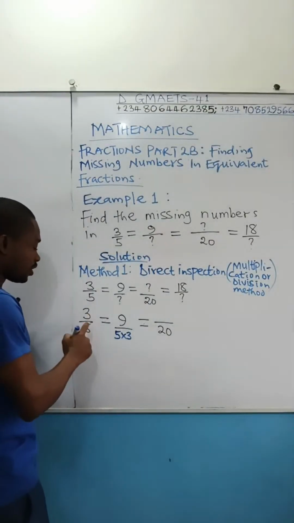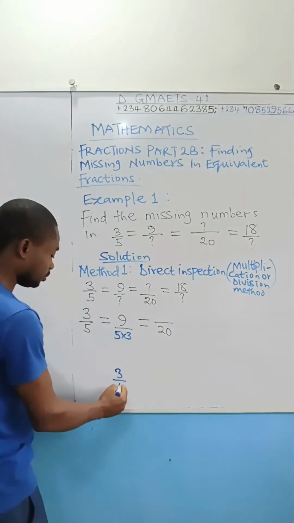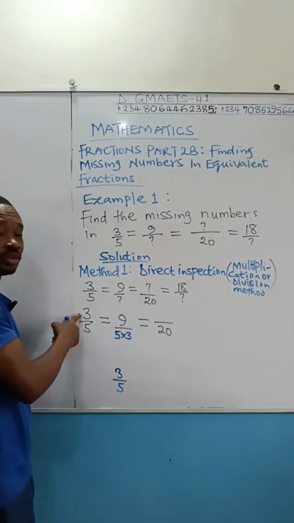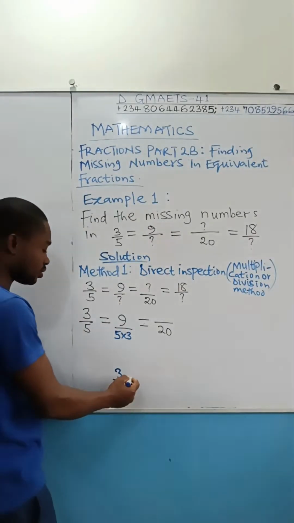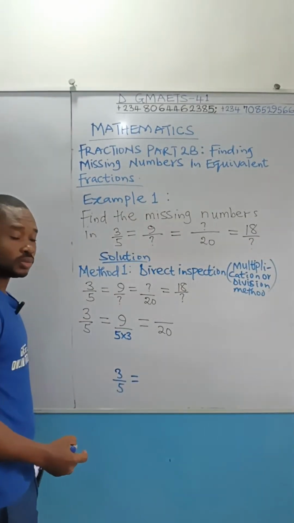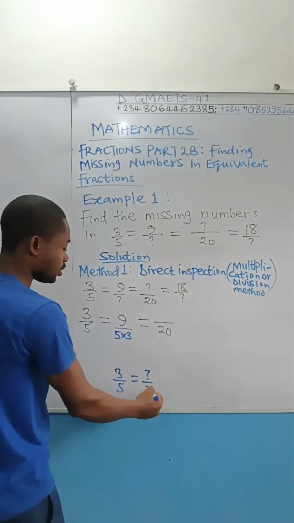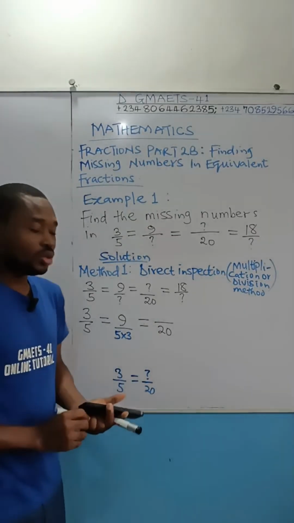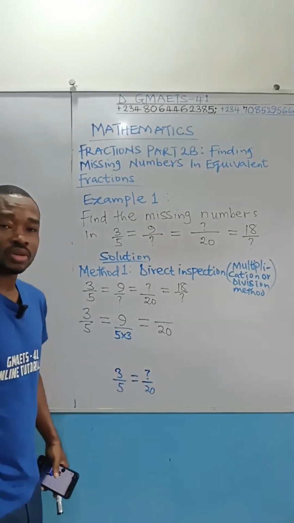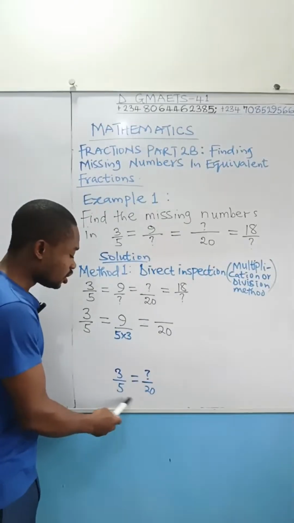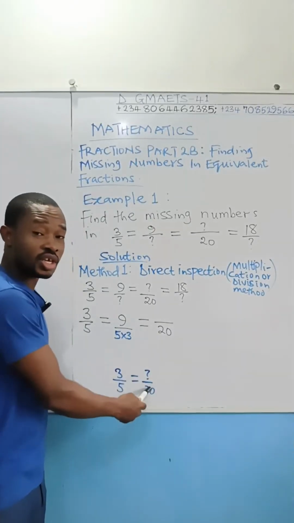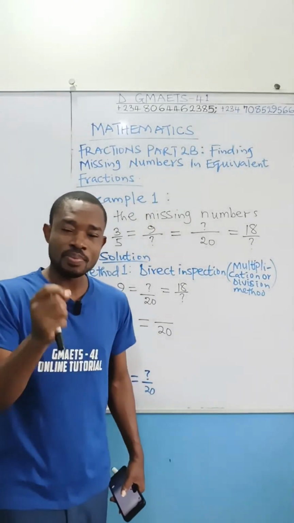Again, we are going to pick 3/5, which is the least fraction, the first fraction given to us. Equal to question mark over 20. Now look at these two fractions. You observe that you know the two denominators. So that will now be your focus.